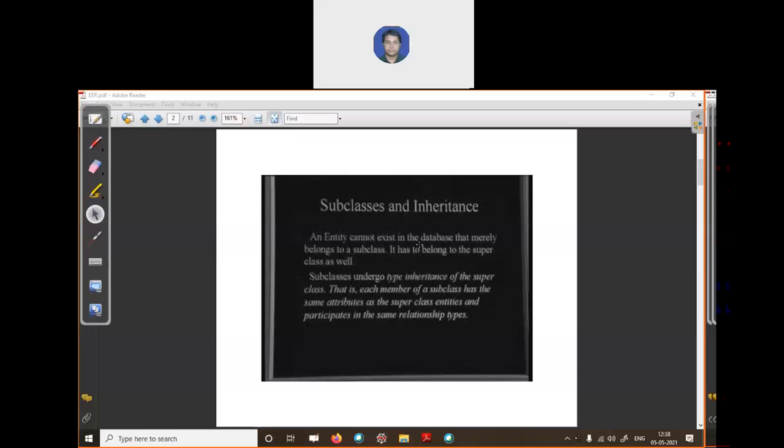So the subclasses that will be created, car or truck or bus, must all be used for that same purpose as well. If your vehicle superclass is participating in a relationship like uses for some purpose, the same must apply to its subclasses. You cannot say the superclass is participating in the relationship, but the subclass is not able to participate in that relationship.